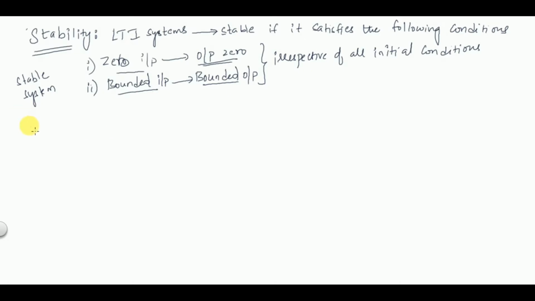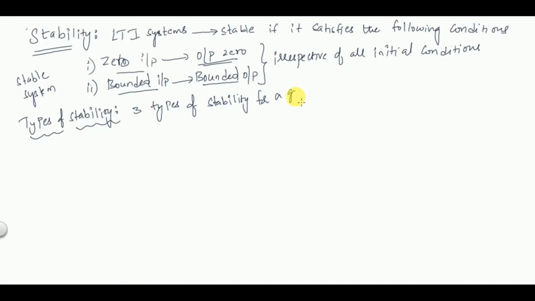Then how many types of stability are there? Types or classification of stability: there are three types of stability we can comment on for a given system.